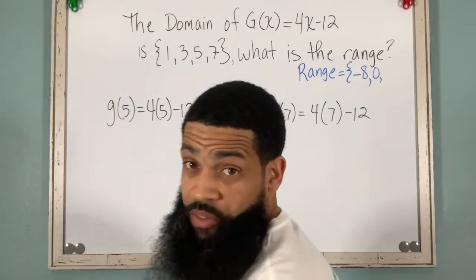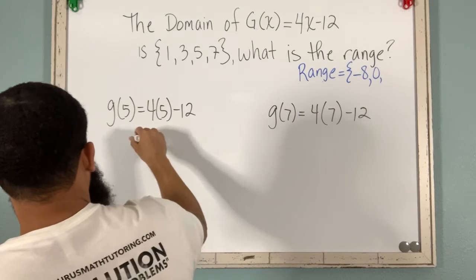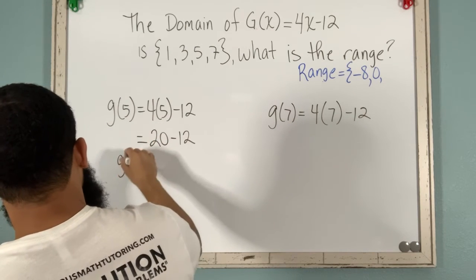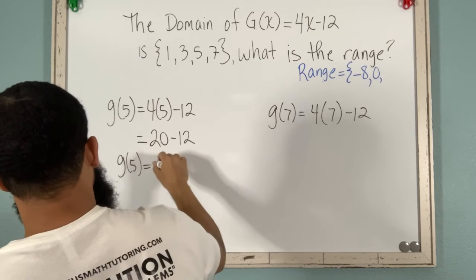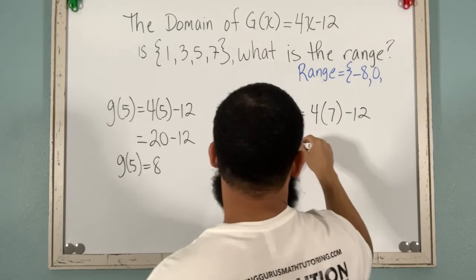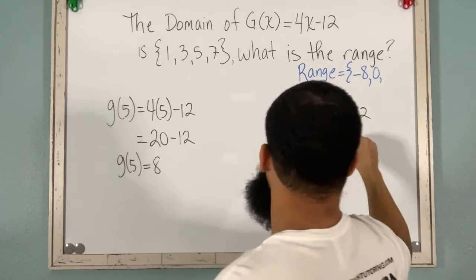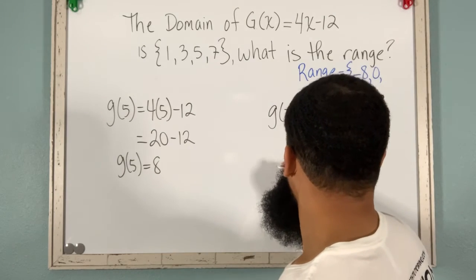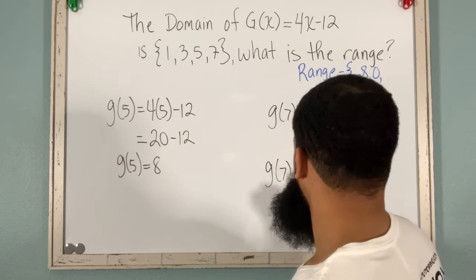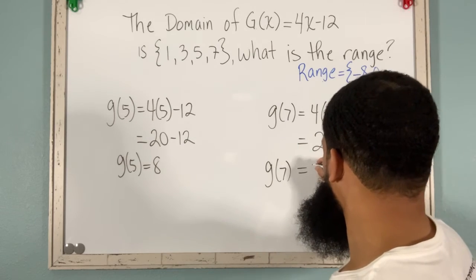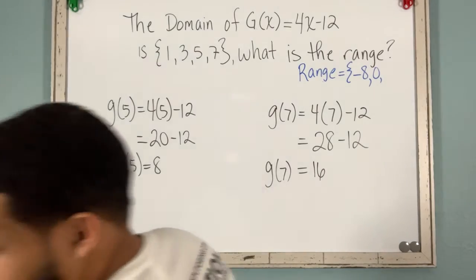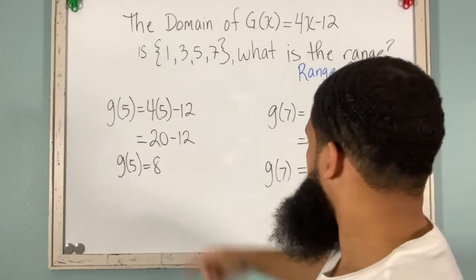Simply evaluating the function. 4 times 5 is 20. 20 minus 12 gives us g of 5 equals 8. 4 times 7 is 28. 28 minus 12 tells me that g of 7 is 16.